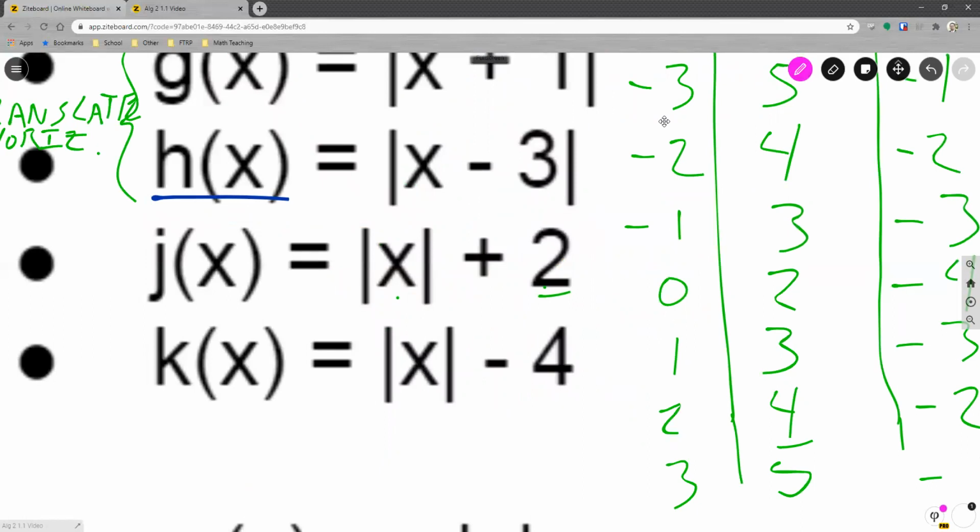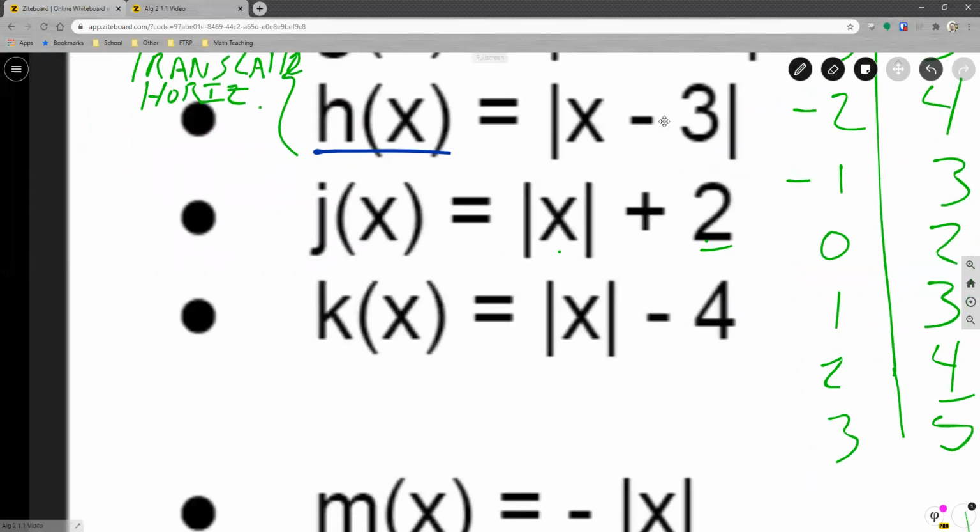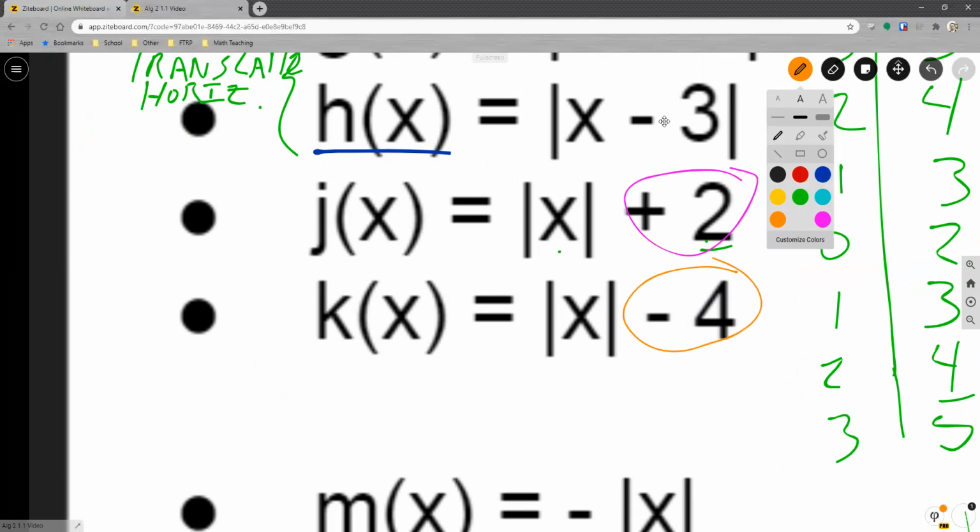My domain doesn't really change, but my range is affected by the equations. On the pink graph, it was up by 2. On the orange graph, it was down by 4. The range started at +2 for the pink, -4 for the orange.